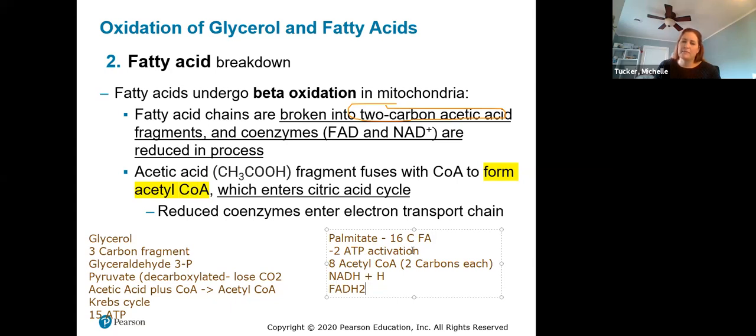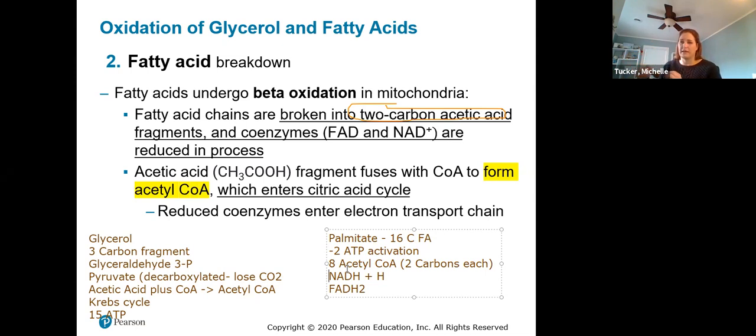But in beta oxidation, you've heard that fats generate a lot more energy. In beta oxidation, every time you rip a 2-carbon fragment off, you get an NADH plus H and an FADH2 produced. So you are going to oxidize the NAD plus and get the reduced forms.